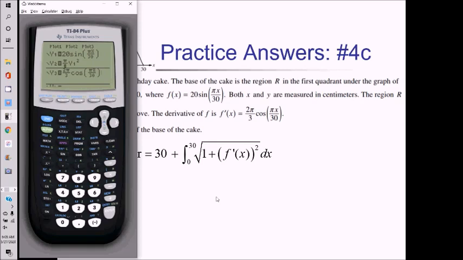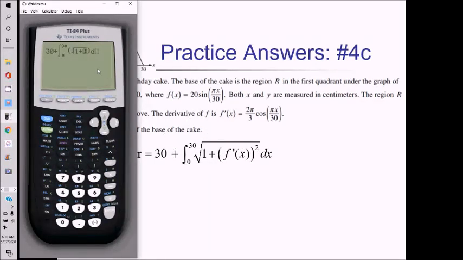So here I am again in my y equals. In the interest of, again, reducing clutter, I've entered the f prime function now as my y3, and I just used alpha y equals to get my fancy fraction mode here. So quitting out of there now, we've got 30 plus integral, math 9, from 0 to 30 of the square root of 1 plus, and now I have to do f prime squared.